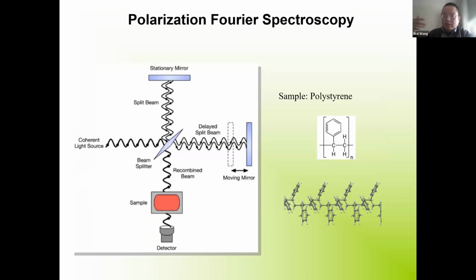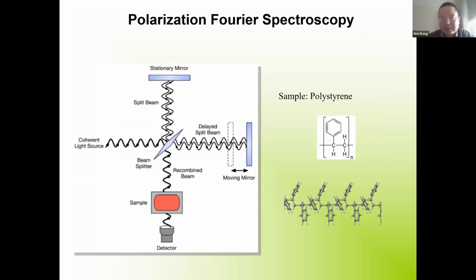Now, the question will easily be raised: is it possible for us to measure the temporal coherence tensor and also to reconstruct the polarization sensitive spectral distribution of the source? The answer is yes.